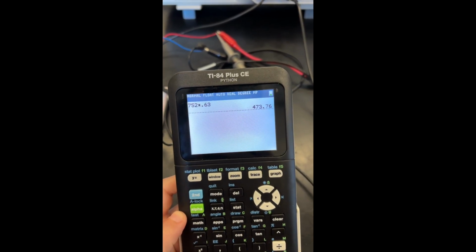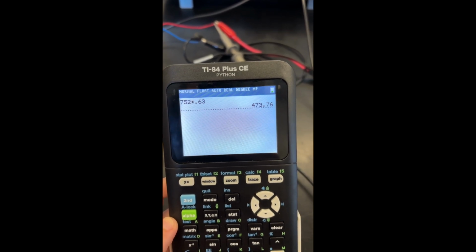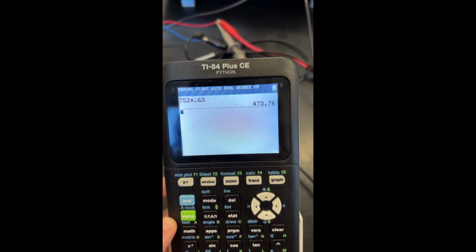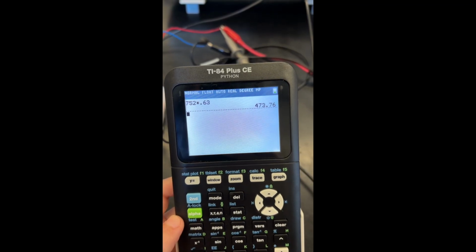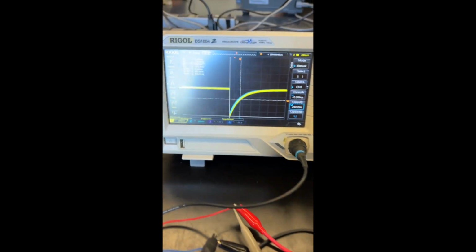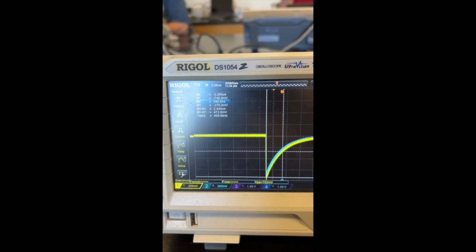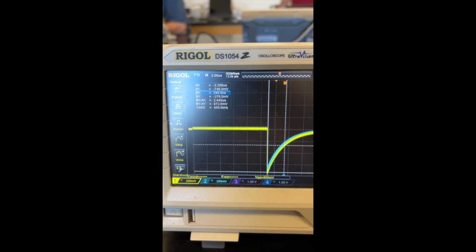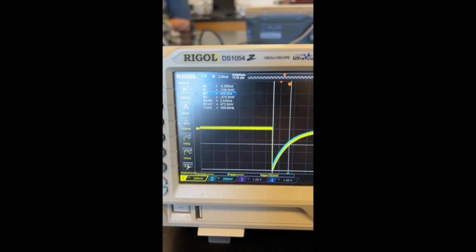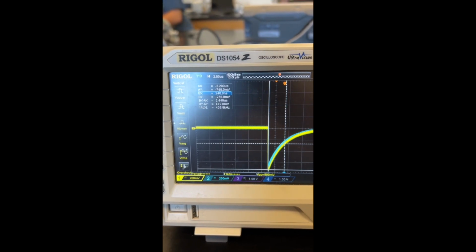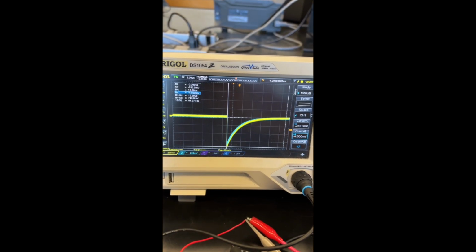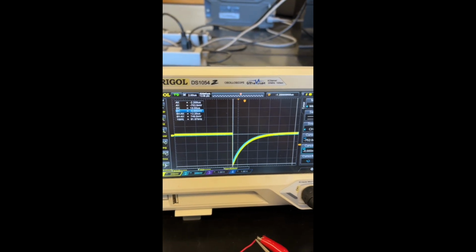Okay, now I've measured what 63% of my maximum voltage is, and I found it to be 473. So I've moved my two cursors to where the voltage is 473 millivolts, and I found that the time is 2.44 microseconds.